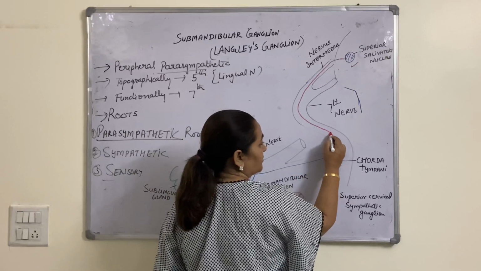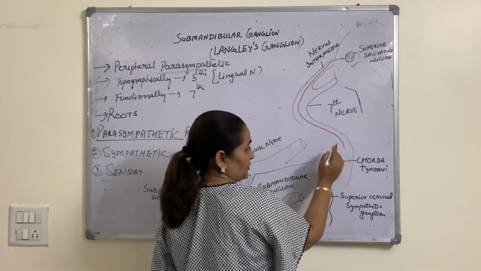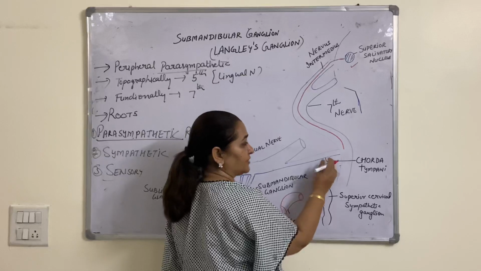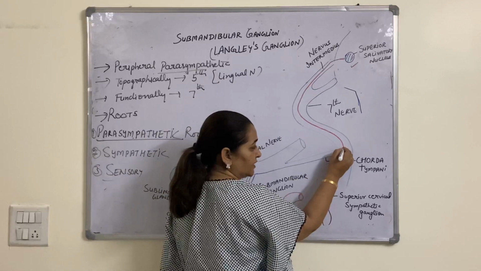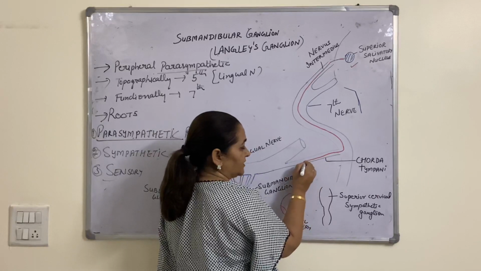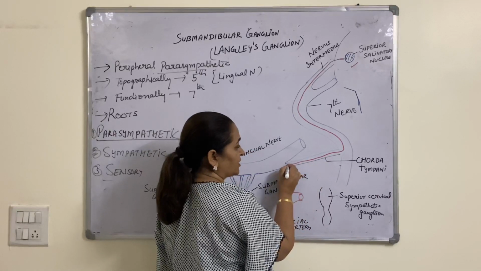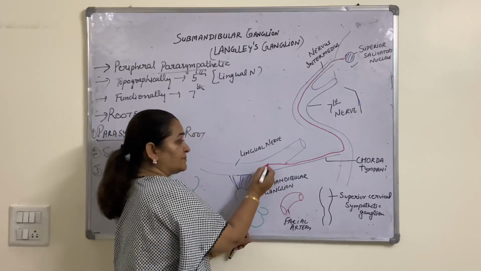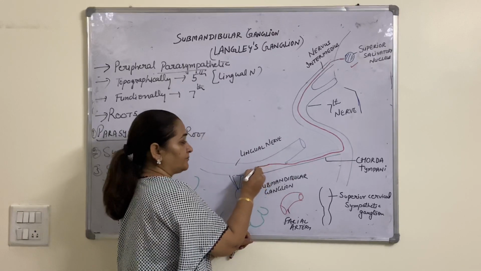The fibers come down to the level where the chorda tympani branch of the seventh nerve arises, and they take the path along with that chorda tympani. The chorda tympani communicates with the lingual nerve in the infratemporal region, so the fibers enter into the lingual nerve.